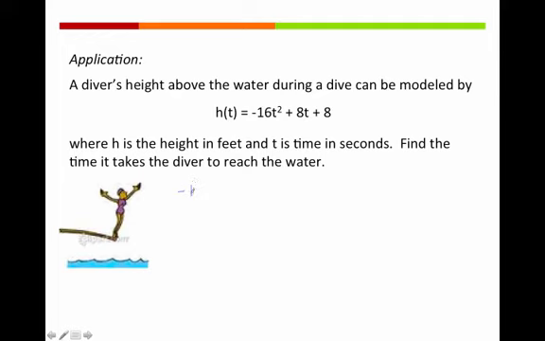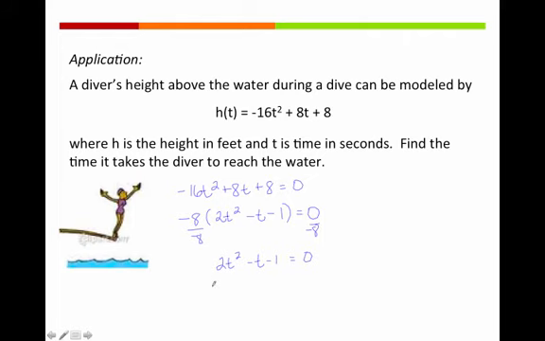After setting this equal to 0, I notice that I can take a -8 out. So -8, now I've got 2t squared minus t minus 1 equals 0. Remember, I divide by -8, and of course that means I've got 2t squared minus t minus 1 equals 0.